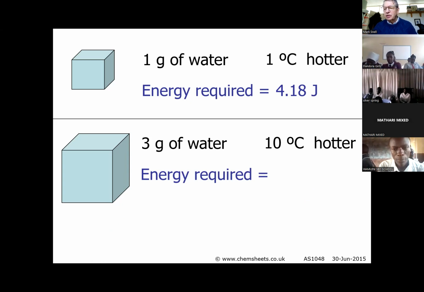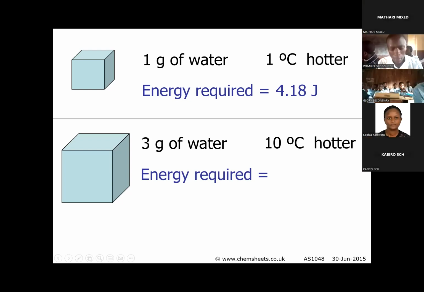Get a calculator and quickly calculate it just to make sure that you're doing the right thing. Just take a moment to do the calculation yourselves. If you can do all those, then if you can do this really simply, that's great.